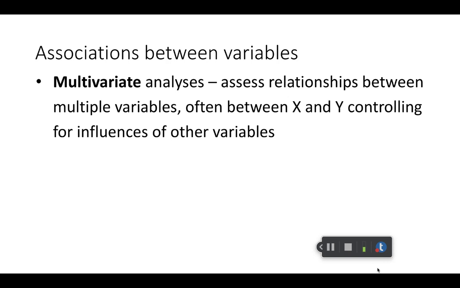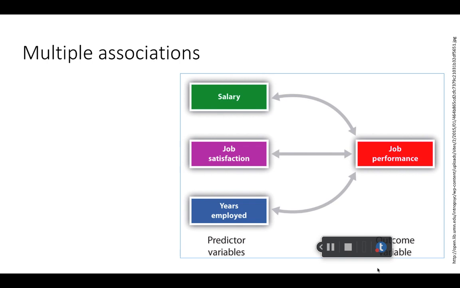We're also interested in associations between multiple variables. And so we use multivariate analyses to assess relationships between multiple variables, more than two. Often we're interested in looking at a relationship between our focal variables x and y, controlling for influences of other variables. We're also interested in multiple associations between variables.